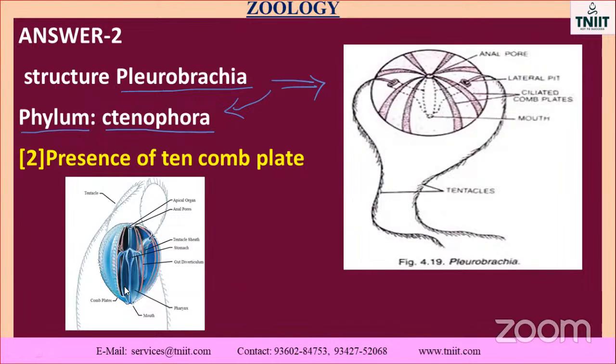Here you see the ciliated comb plates. There are so many ciliated comb plates, not only 10. That is the reason this is the wrong statement. Don't forget, my dear students: bioluminescence, sexual reproduction and tissue level of organization are also present in this type.